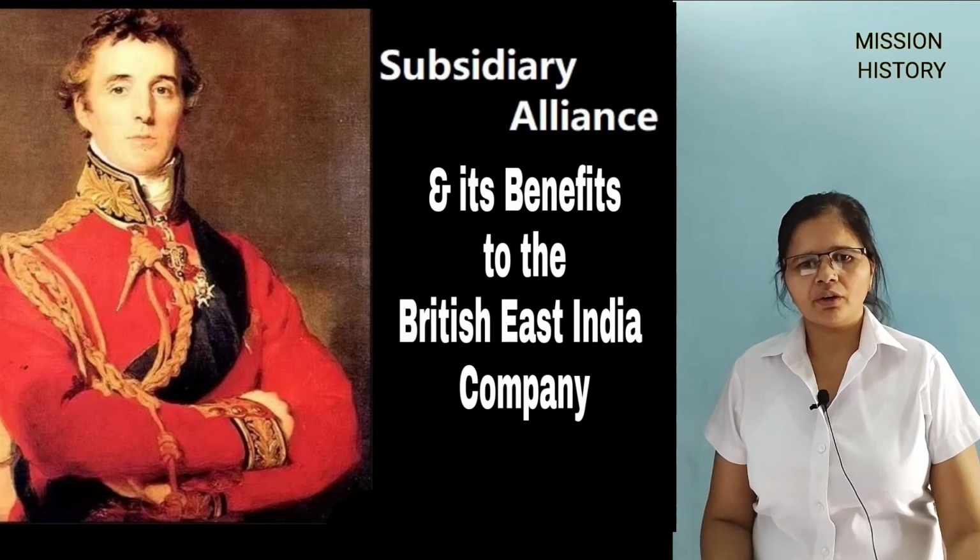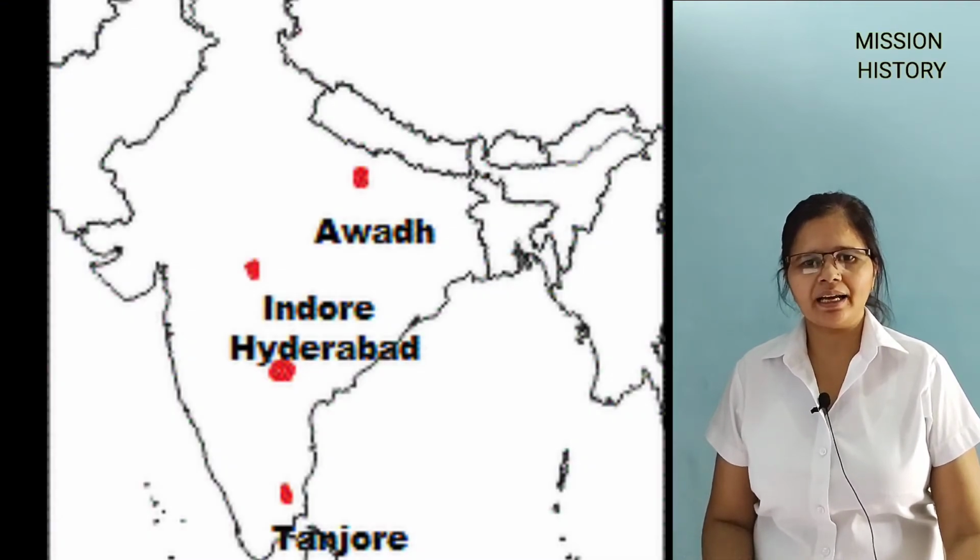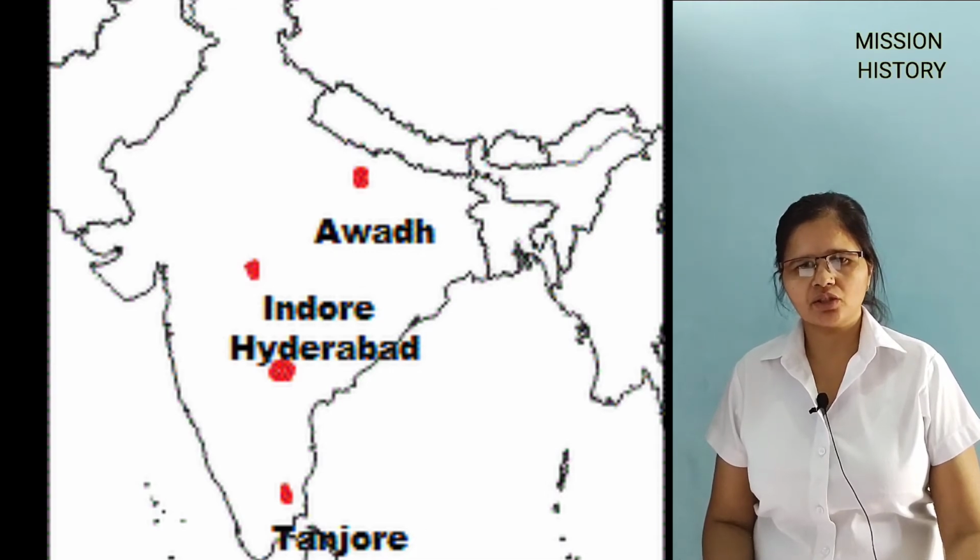Full sovereignty over many Indian states was obtained by the British. The states which signed this alliance were Hyderabad, Mysore, Tanjore, Awadh, Jodhpur, Jaipur, Bundi and Bharatpur.